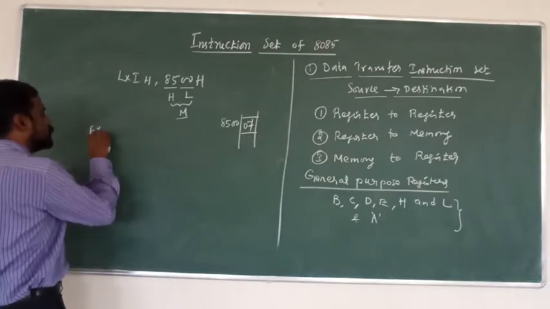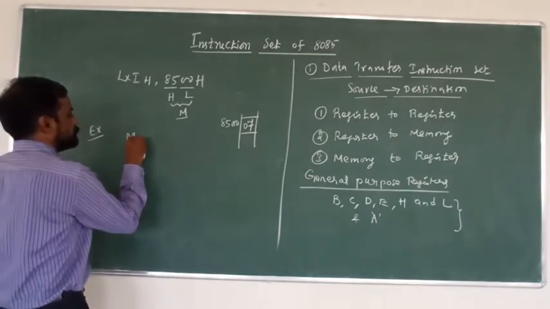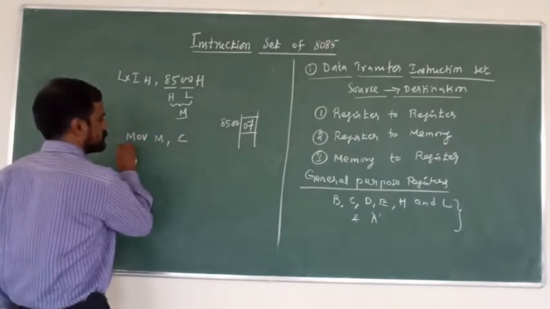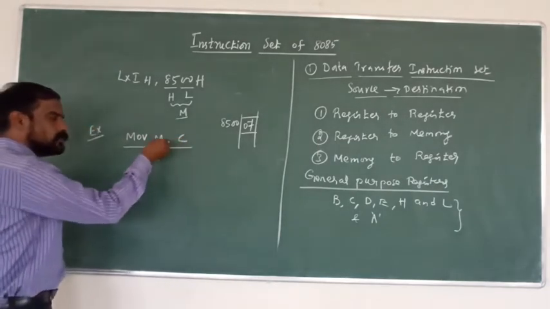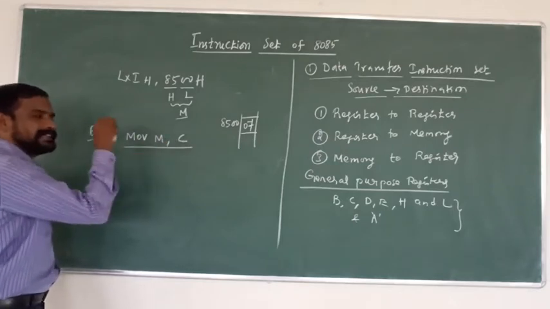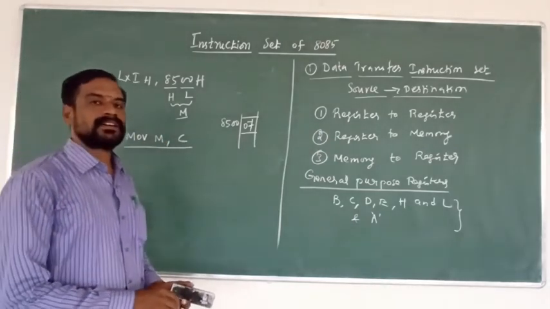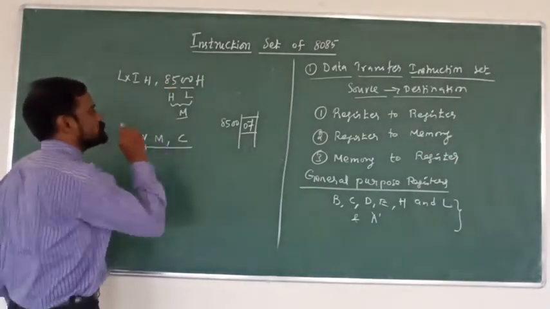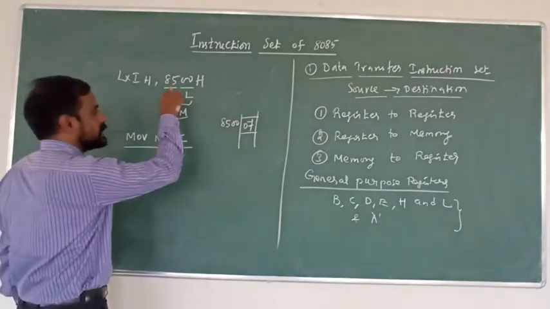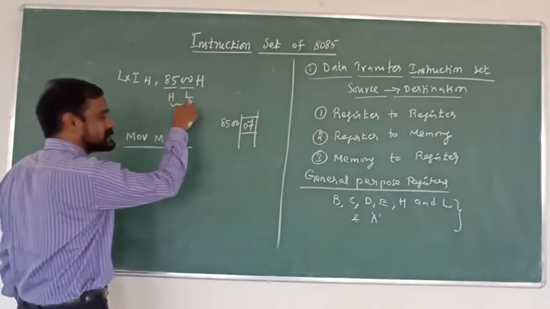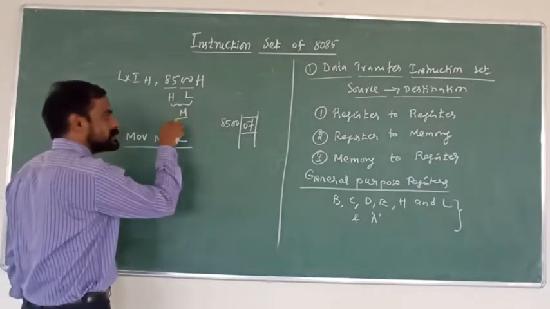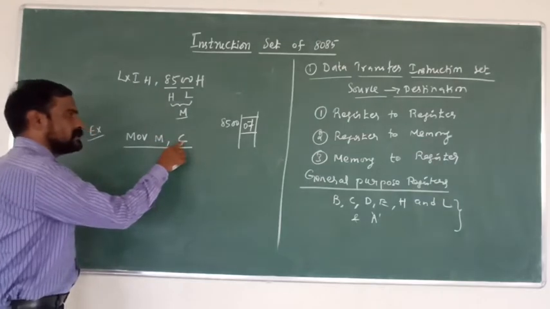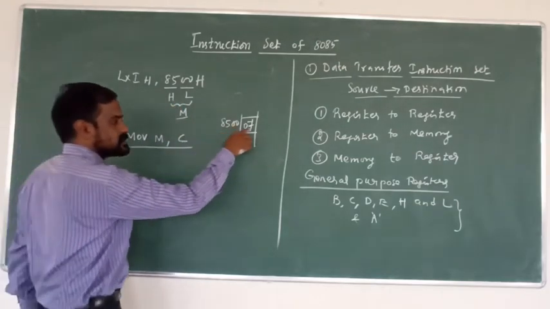Here register to memory. Example 1, MOV M, C. Register data is moved to the memory address location. Now the memory is 8500, the address in the HL register pair, which represents the memory address location. In this address location the data is 07.